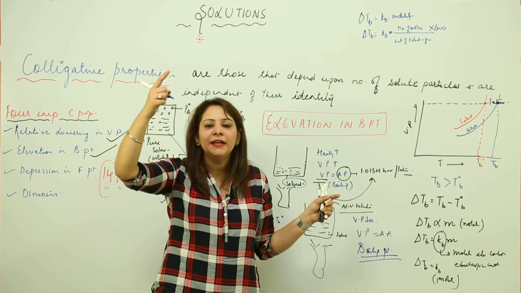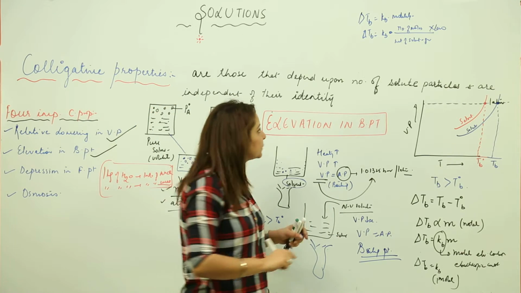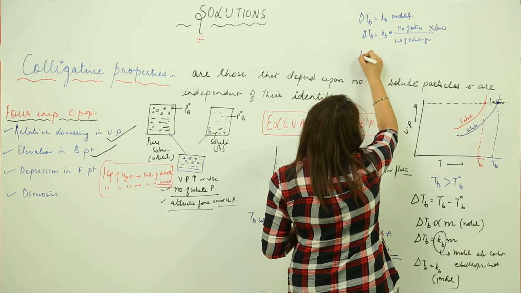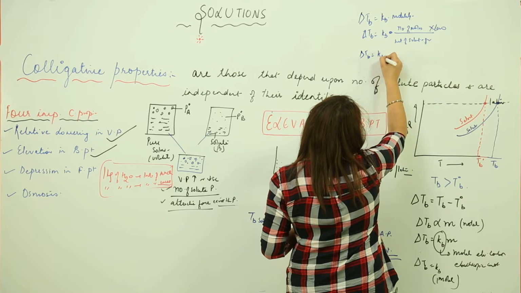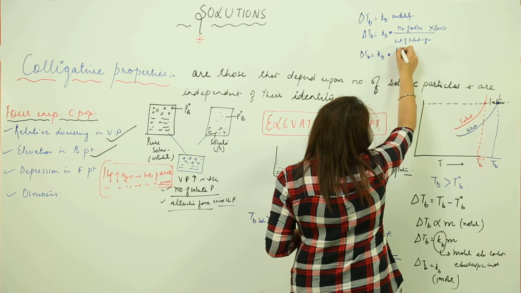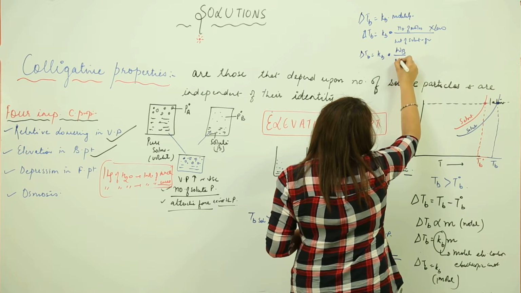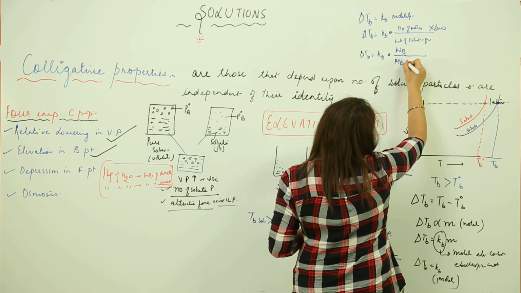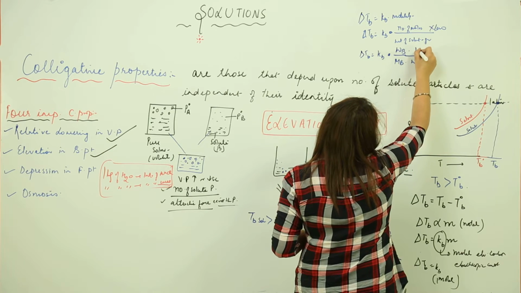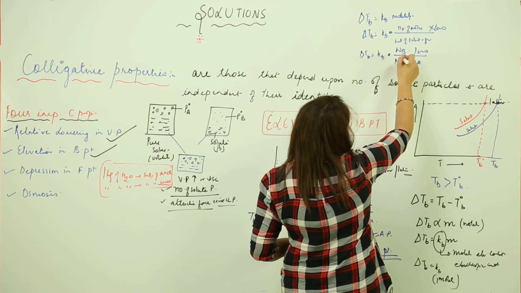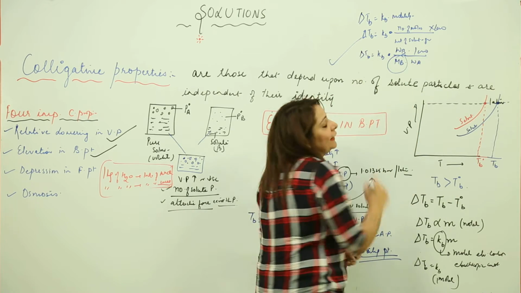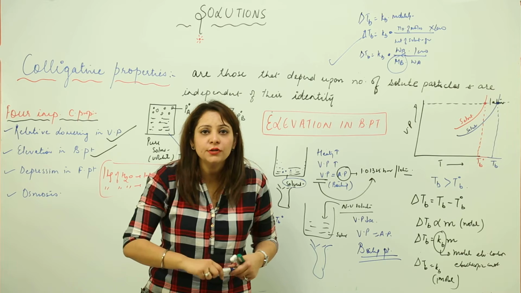Now the number of moles is Wb upon Mb, with the weight of the solvent and the 1000 already there.